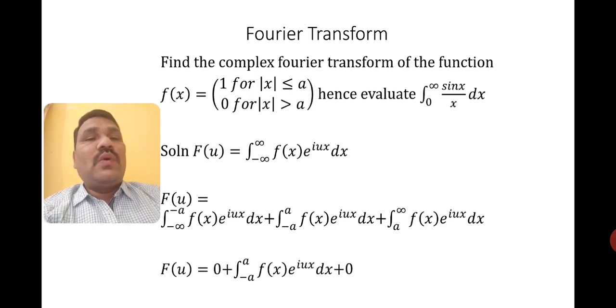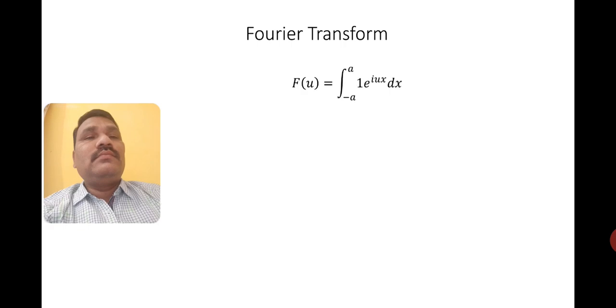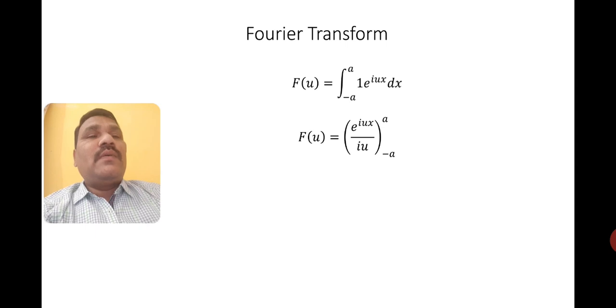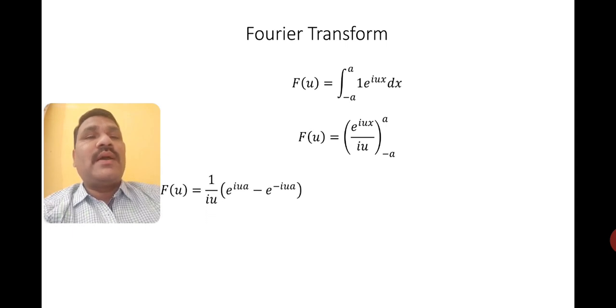This is what I just said. So now you know what f of x is in this limit, upper limit and lower limit. As we know, that is 1. Now when you do the integration for this, e to the power iux divided by iu. Now put wherever x is there the upper limit and lower limit, and take out 1 by iu outside. Upper limit I am putting: e to the power iua minus e to the power minus iua.